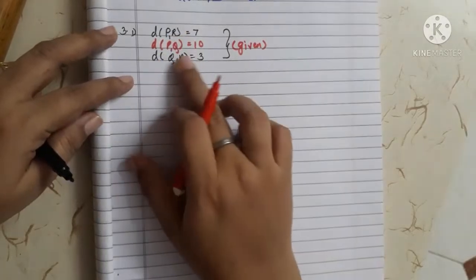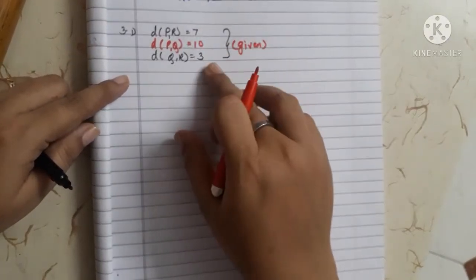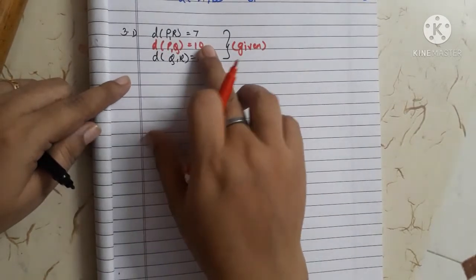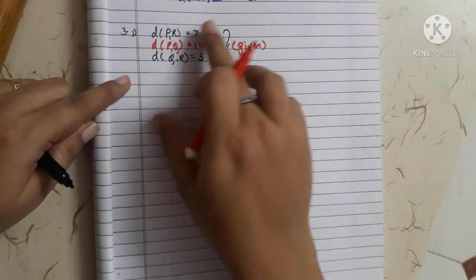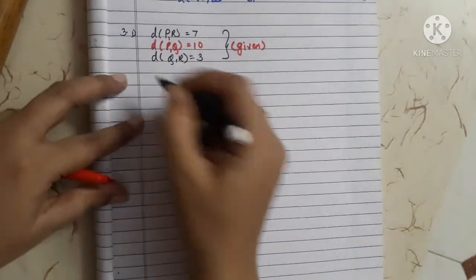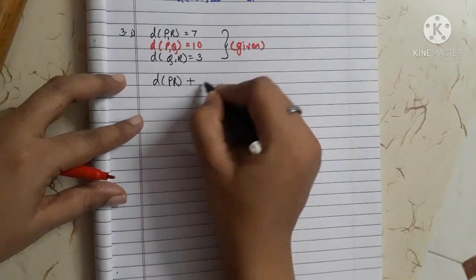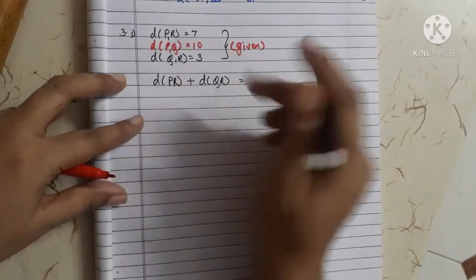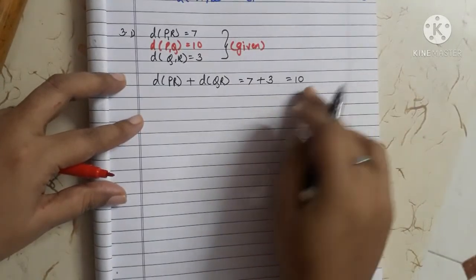So in this, first what you will do, you will check which is the largest number among the 3 values given. See here 10 is the largest number, so we will keep this as it is and we will add the remaining 2 distances. So here we will add distance of PR and distance of QR. So distance of PR plus distance of QR, 7 plus 3, we have got 10.